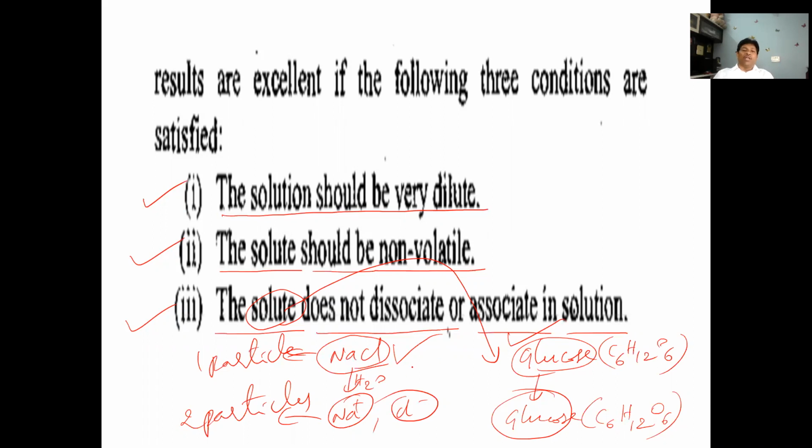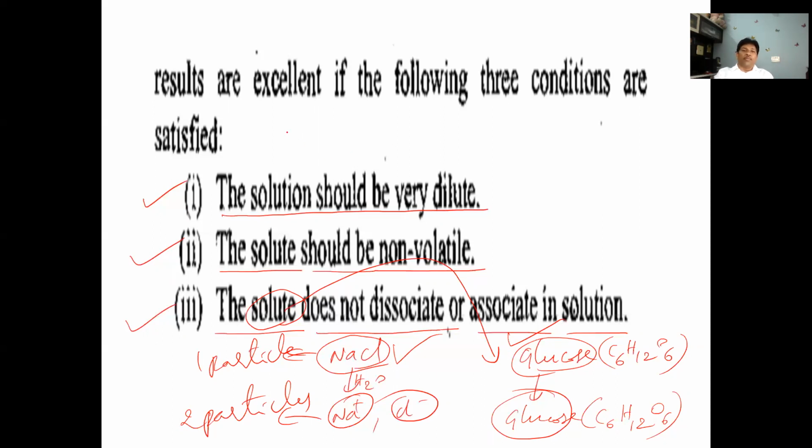Glucose's gram molecular weight we can calculate easily, because glucose does not dissociate or associate in solution. But NaCl undergoes dissociation in solution, so it is difficult to determine the gram molecular weight of NaCl exactly.